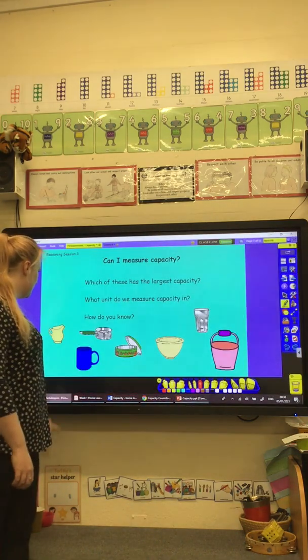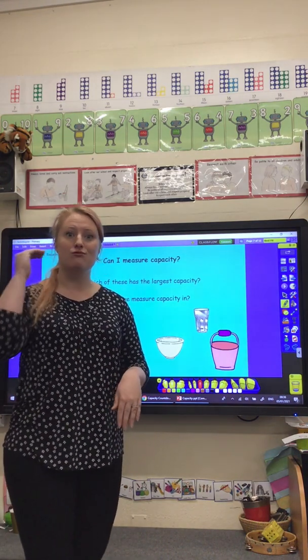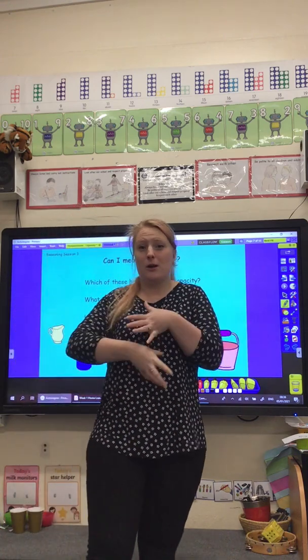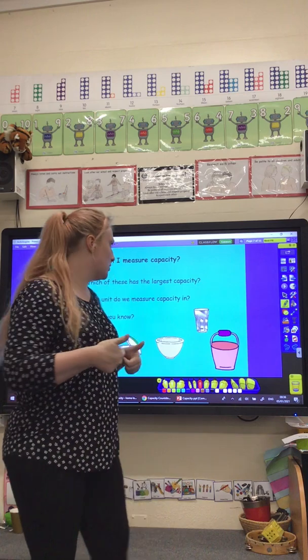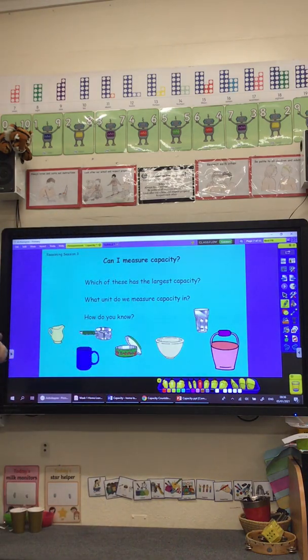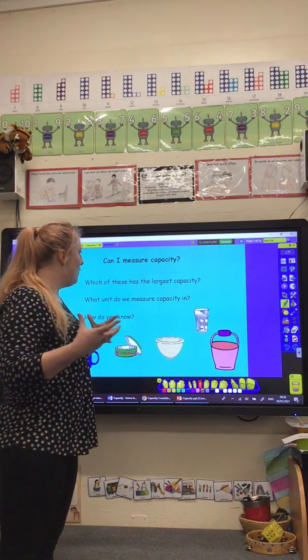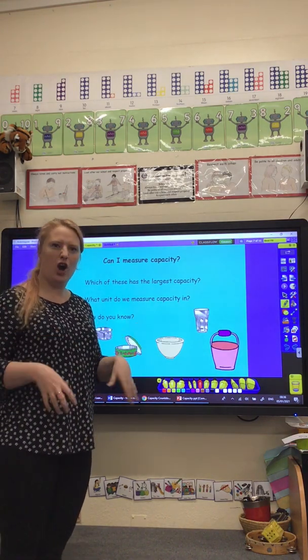Wow, you have done some fantastic measuring using a measuring jug and reading the scales. It's much, much trickier because we have to work with those big 100 numbers, but you've done a great job. Now, when we talk about capacity, we're thinking about how much liquid or how much a container can hold.